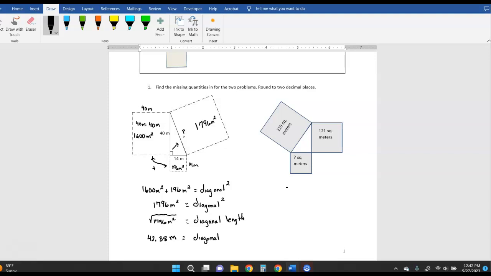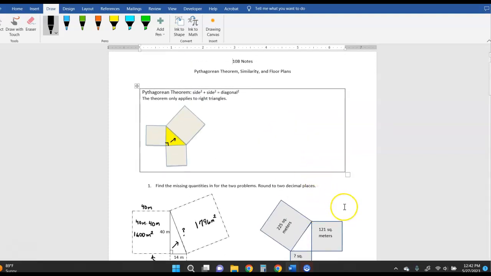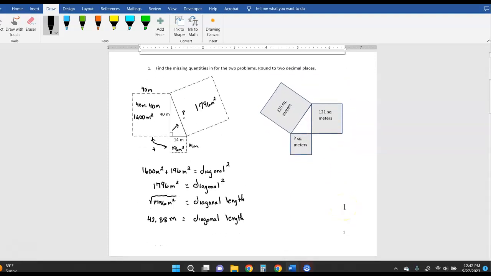And so that's how we apply Pythagorean's theorem. Now the other example here is where we don't know the length of one of the sides. So this is where we're missing a length. We know the big square, so again this is our right angle, and this is our diagonal, which is 225.